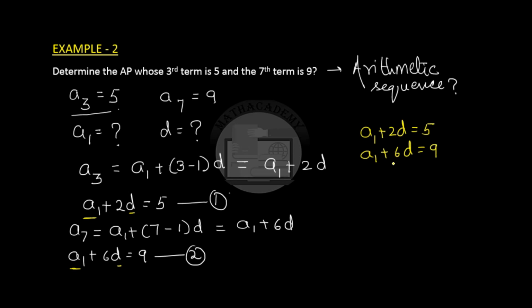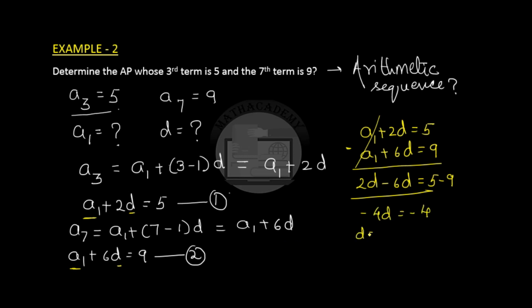If I subtract equation 2 from equation 1, then a1 and a1 cancel off and I get 2d minus 6d is equal to 5 minus 9, which gives you negative 4d is equal to negative 4 and d is equal to negative 4 divided by negative 4, which is 1. So we have obtained the value of d.